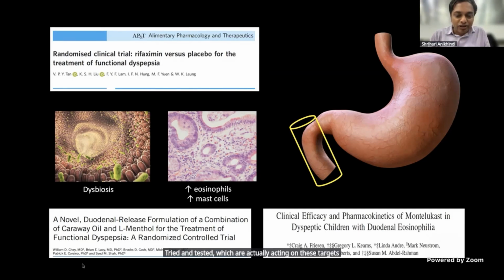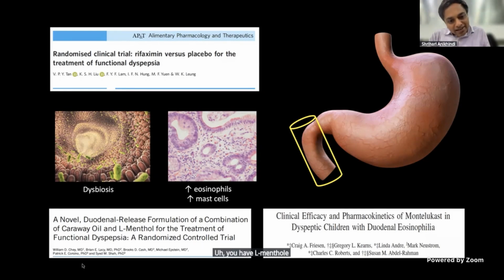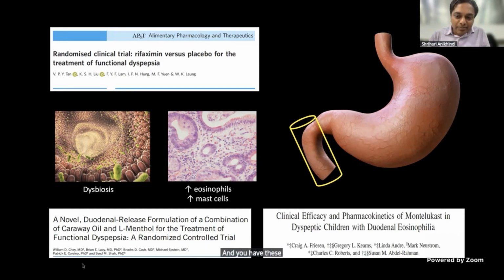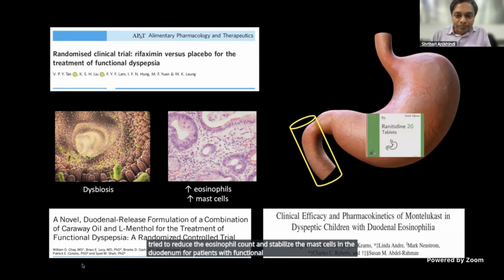Like you have studies on rifaximin. You have L-menthol, which acts as a soothing agent, working on the duodenum. And you have mast cell stabilizers like montelukast, which have been tried to reduce the eosinophil count and stabilize the mast cells in the duodenum for patients with functional dyspepsia.